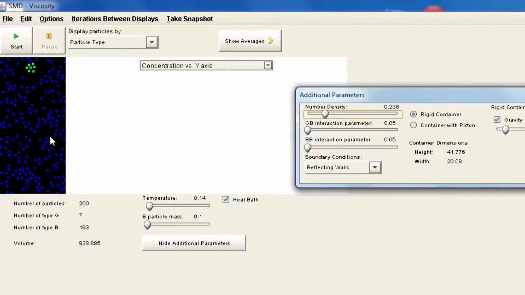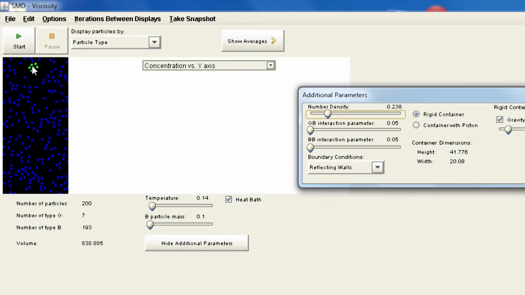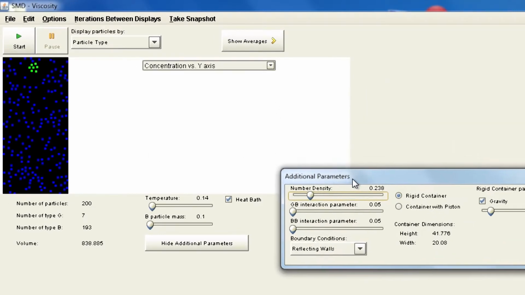The setup for this VMDL simulation, called viscosity, is that you can look at these blue particles, and then you have this green blob of particles that is going to move through them. And if you look here, we can show the averages.